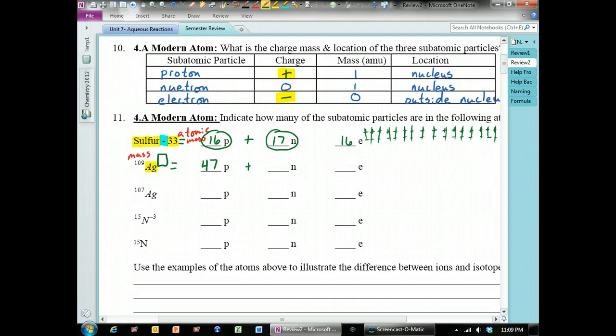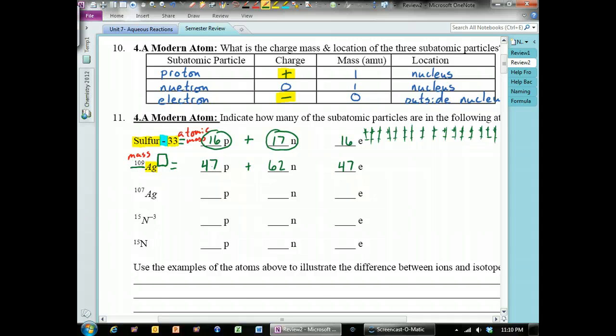So that means this is a neutral isotope or atom, and so there must be an equal number of electrons to make it neutral. That means 47 electrons. To get neutrons, we look at the math of 47 plus a number is going to get us 109. So we subtract 47 from 109 and you get 62 neutrons.